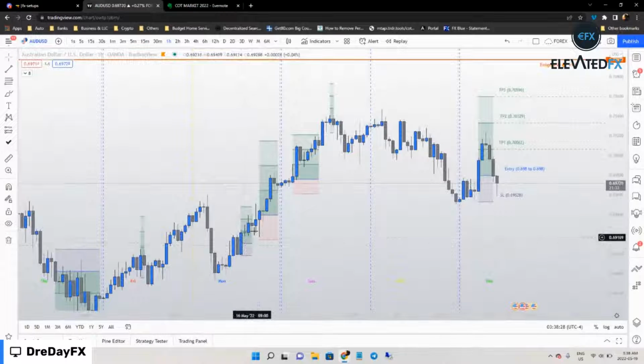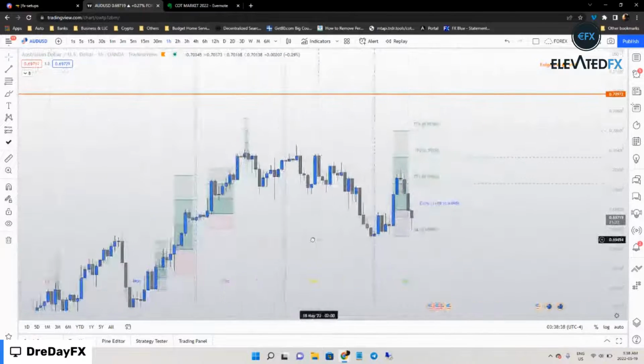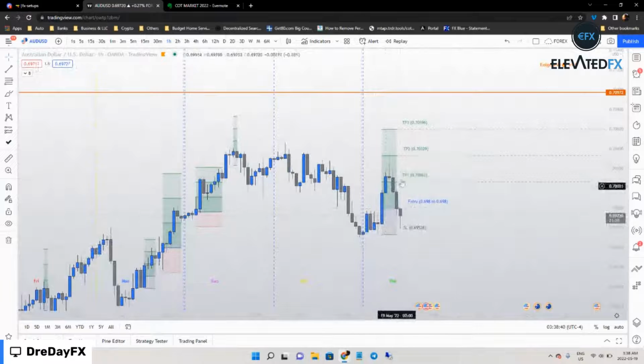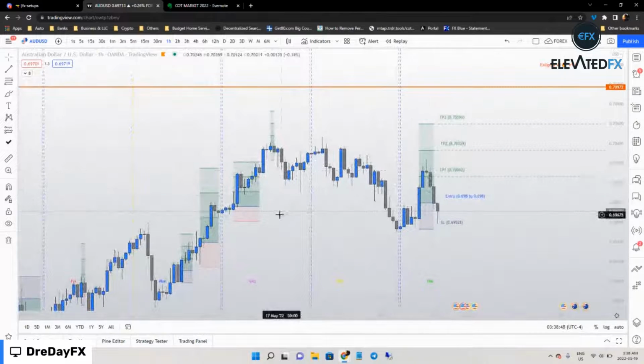Okay, and that's why if you took the buy, overall all the buys were winners for the week, Monday, Tuesday. And right now you have this setup here that was still a winner. It did TP1, but I consider that still a winner.